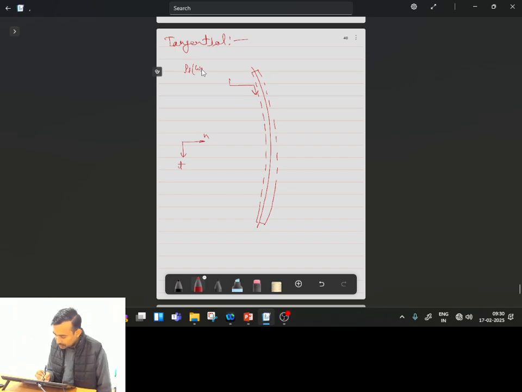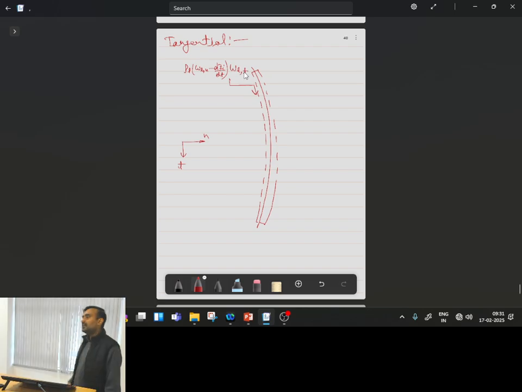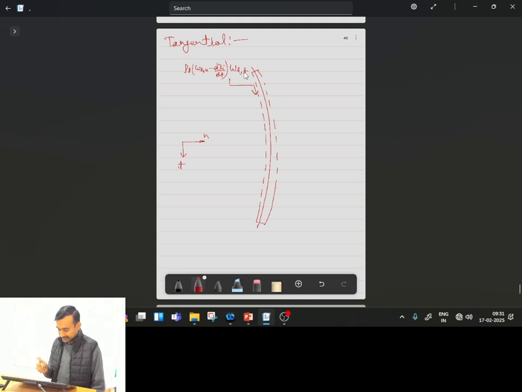Rho L into WLN minus dZi by dt. This is the mass flux. But now we have to consider the momentum flux in the tangential direction, so we see this mass flux moving with some tangential velocity WLT. Then it becomes the momentum of the liquid in the tangential direction.